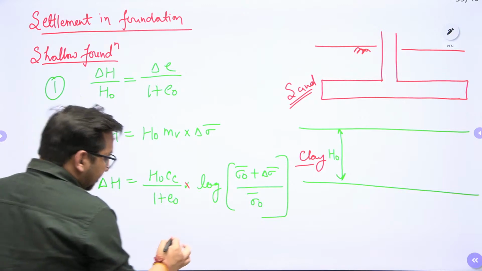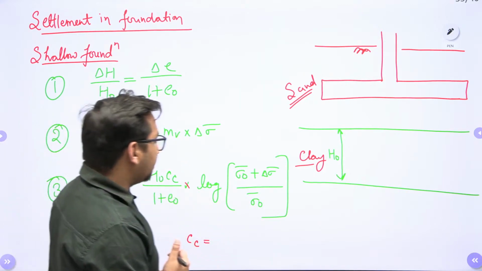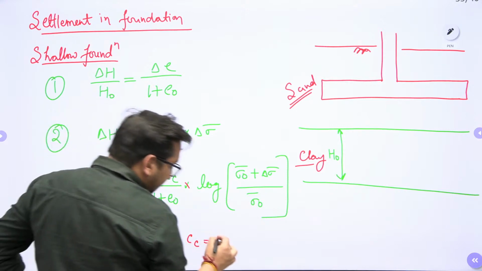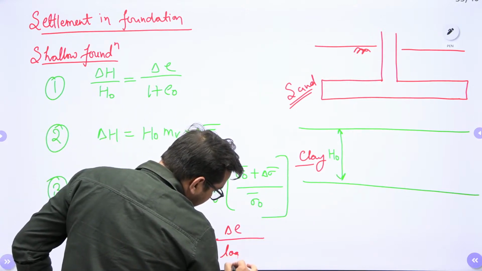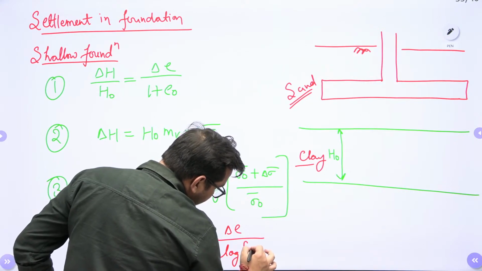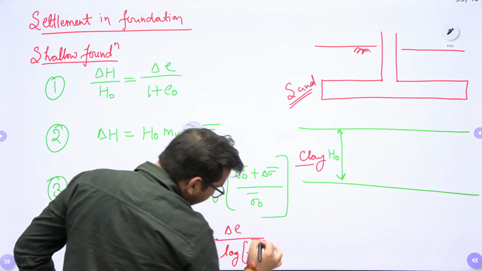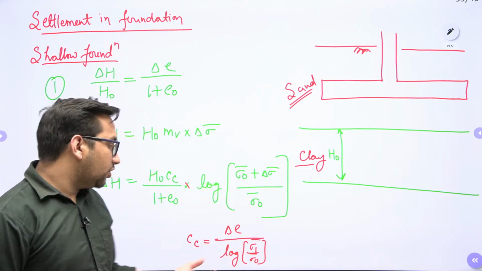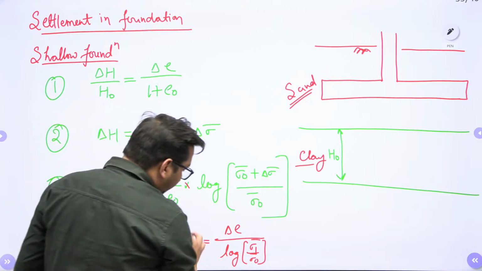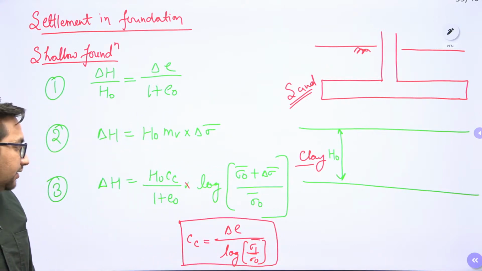Cc is your coefficient of compression, or compression index also we call it. That is nothing but delta E upon log of sigma 1 bar upon sigma naught bar, right? So effective stress sigma 1 bar upon sigma naught bar, and it is also the slope of your e versus log sigma bar curve, right?